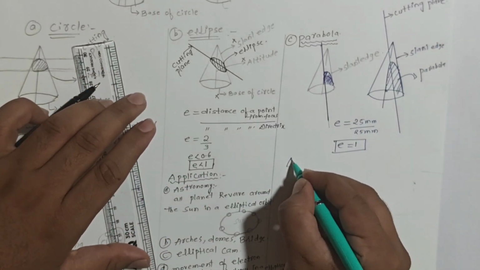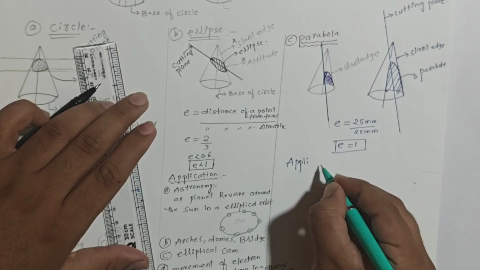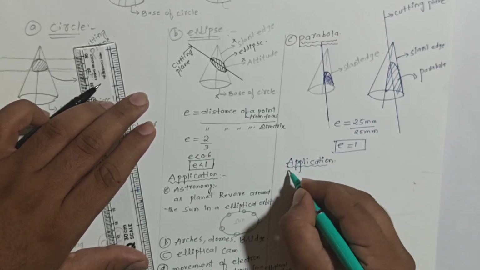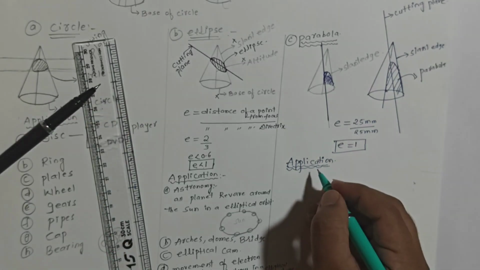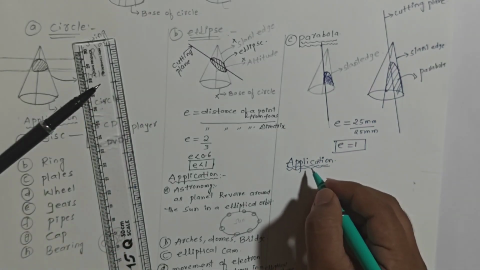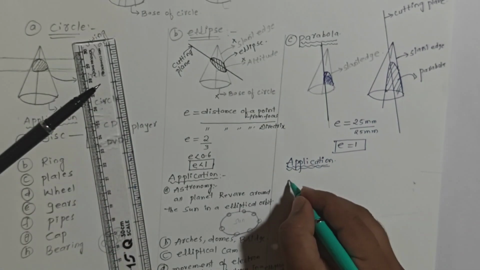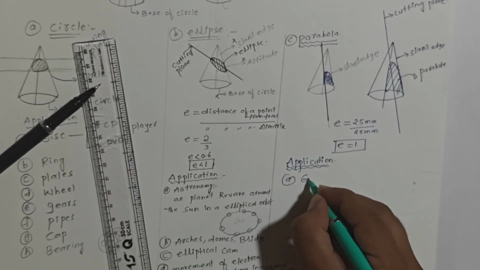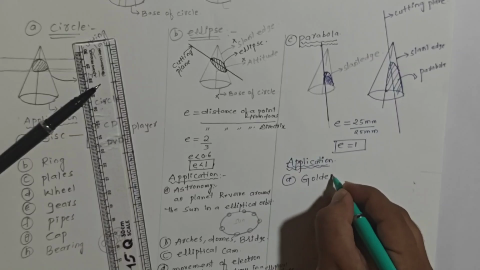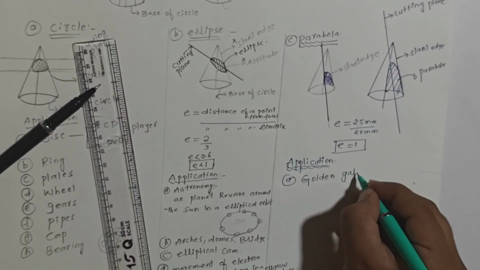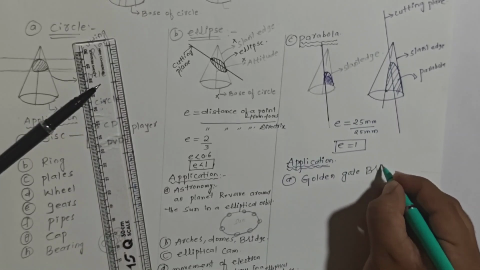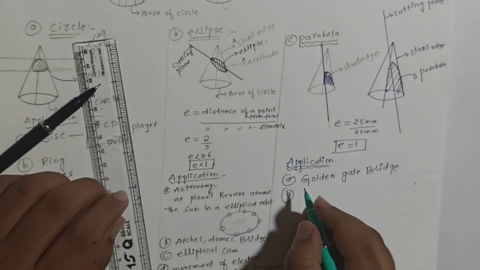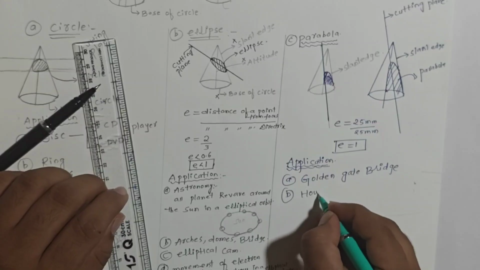Then again the questions will arise, what are the applications of a parabola? So we know that the parabola is widely used in the Golden Gate Bridge. The Golden Gate Bridge looks like a parabola. Second, it is used in the Howrah Bridge.